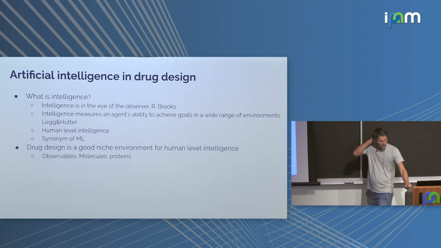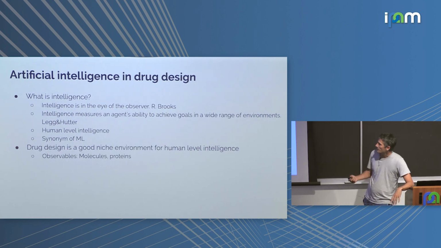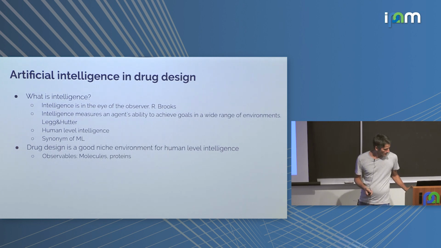So what are the elements here? There are observables, observable not in the physical terms, but in the reinforcement learning terms. So there are things which are given to an agent, and in this case a molecule, proteins, and so on.